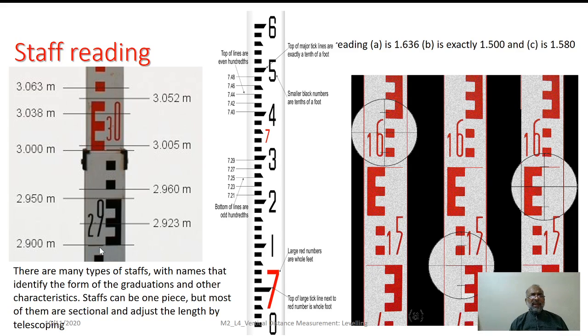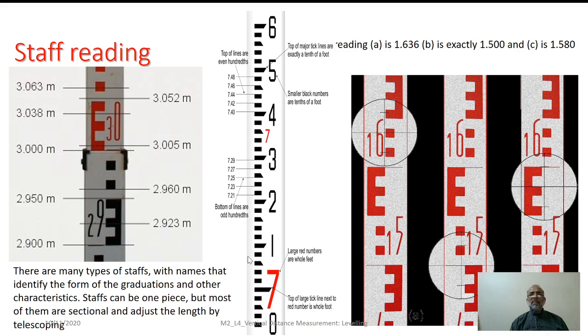The lowermost portion for this kind of staff reads 2.90, whereas the uppermost part of this E-shaped letter is 2.95. Exactly center can be read as 2.923. So these kind of graduations need to be studied, and accordingly the person who is seeing through the eyepiece, carrying out that particular leveling work, needs to take these readings.